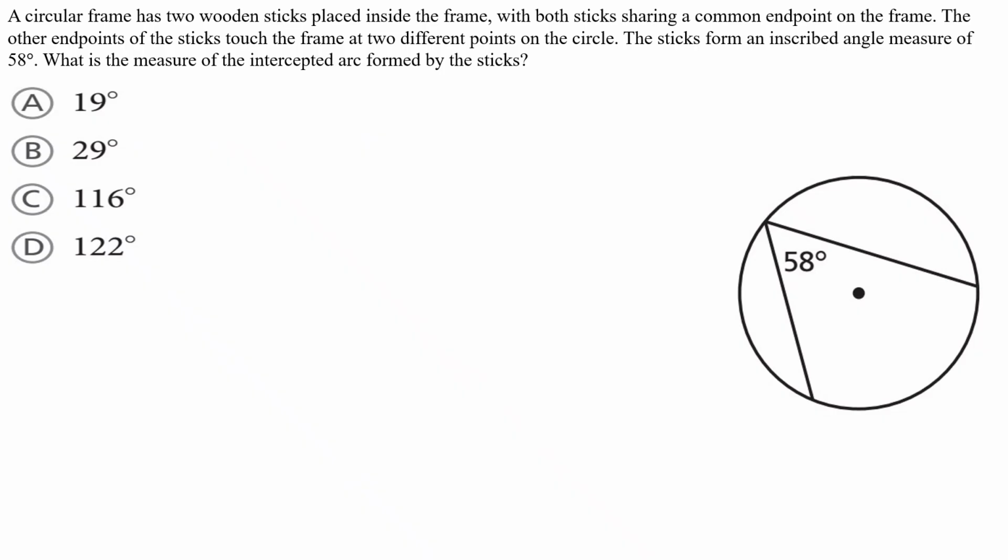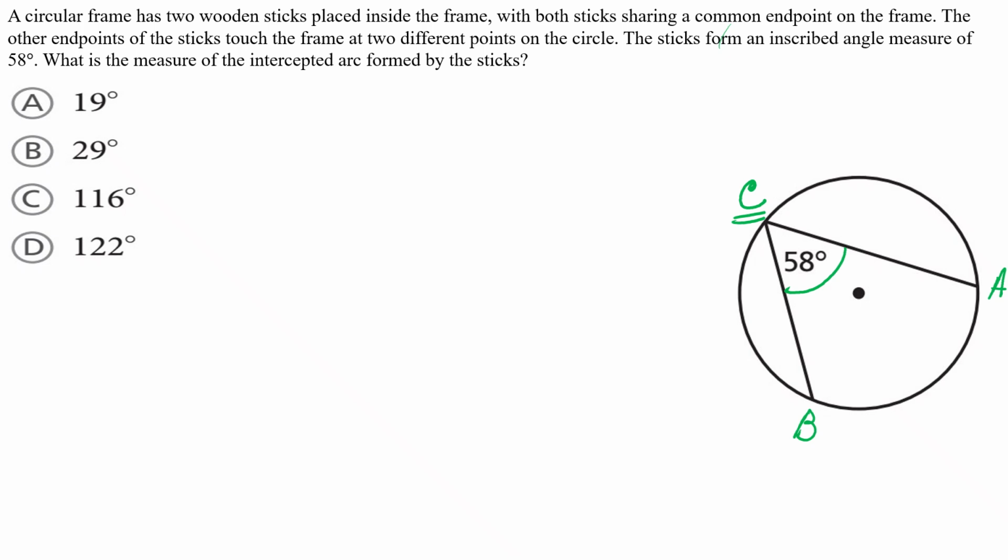Now a circular frame has two wooden sticks, and you can see that this is the inscribed angle, with both sticks sharing a common end point on the frame. So let's suppose this is A and this is B, and here C. C is the common point which both the chords are sharing.